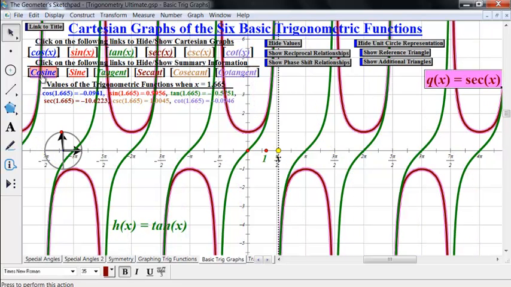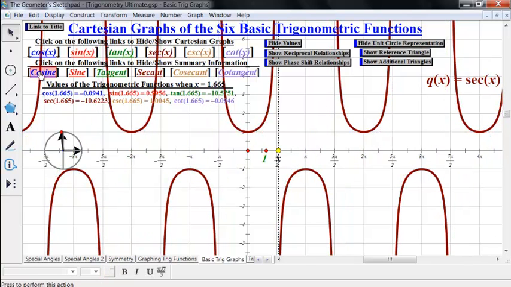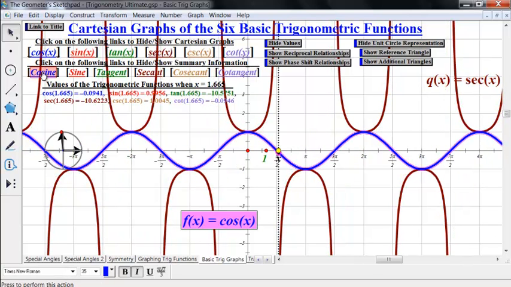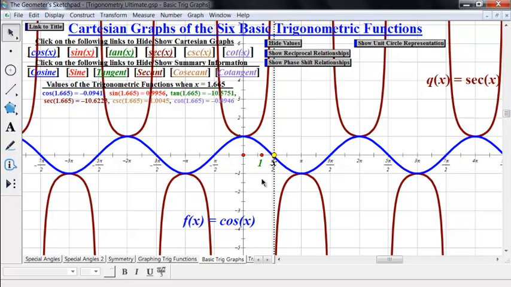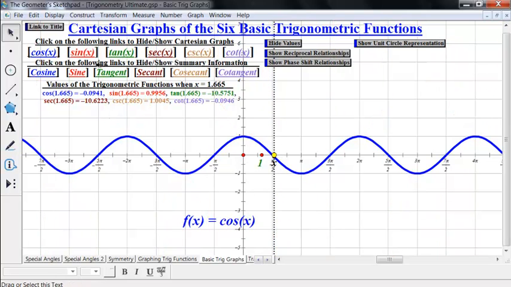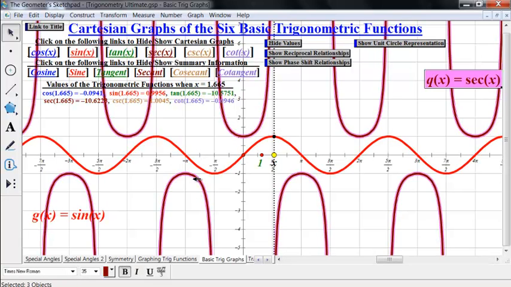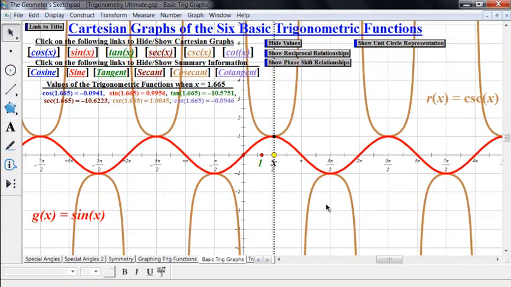Similarly, secant and cosine, remember you have your reciprocal relationships there we've looked at. And so when those are 1 or -1, they're the same. And when cosine is 0, the secant's undefined. And similarly, if we look at sine and cosecant, those are reciprocal. So notice they meet when y is 1 or -1. So in all these cases, remember, we do get periodic relationships, so these things keep going on and on and on.